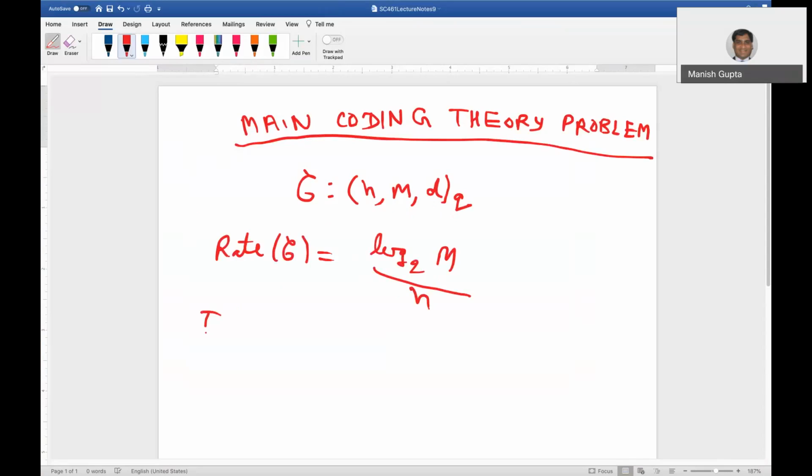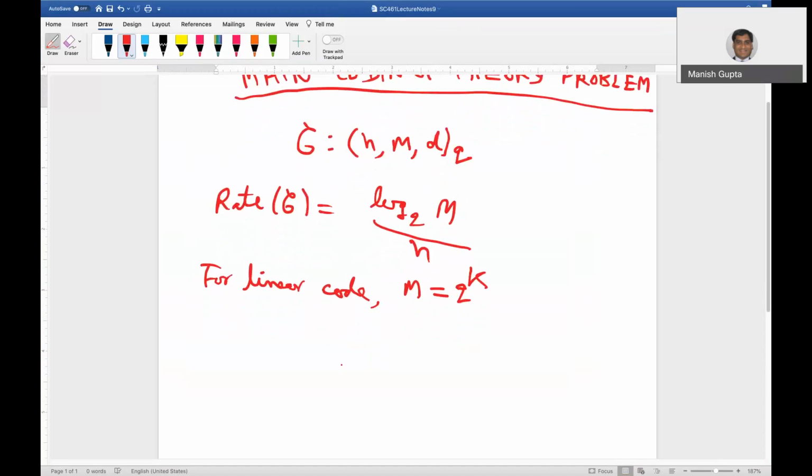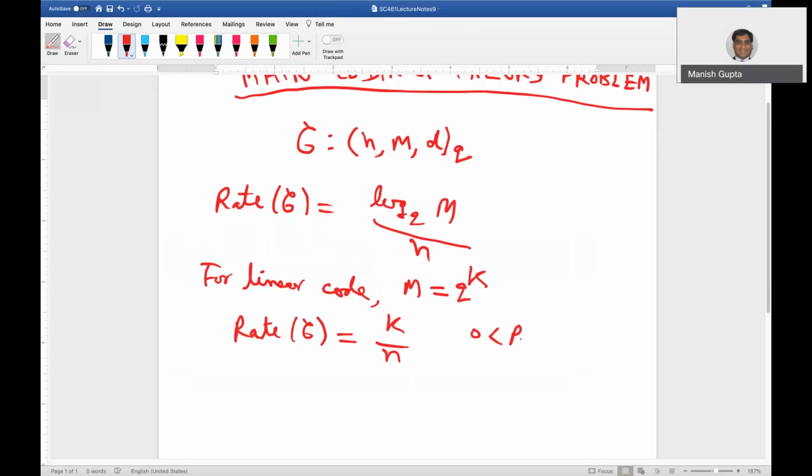For a linear code, we know that capital M is q raised to power k. So this formula simplifies to rate of C is nothing but k by n. k is less than n all the time, because k is the number of message symbols and n is the total number of symbols. So we know that rate lies between 0 and 1.